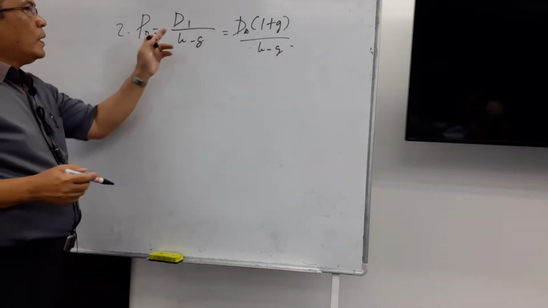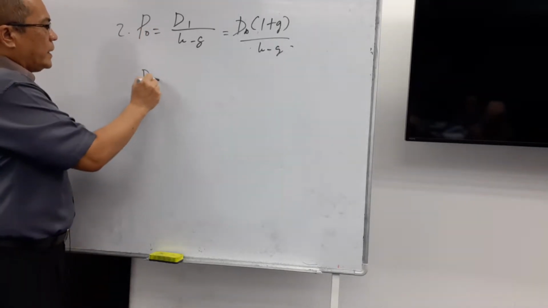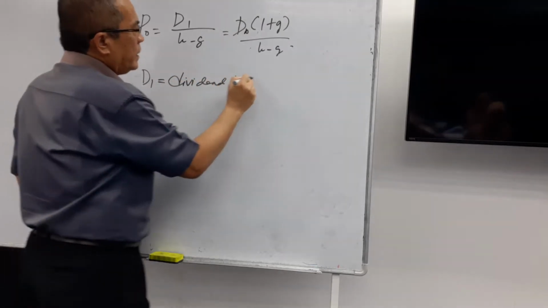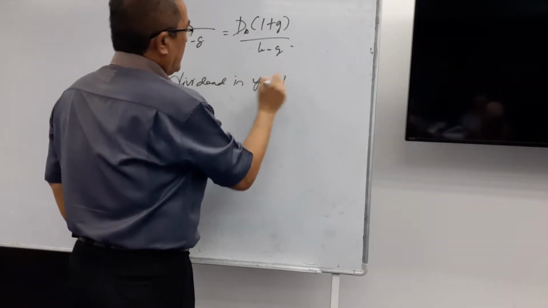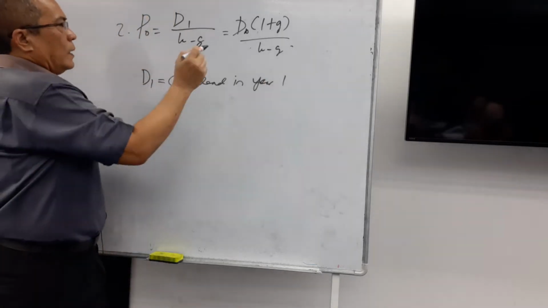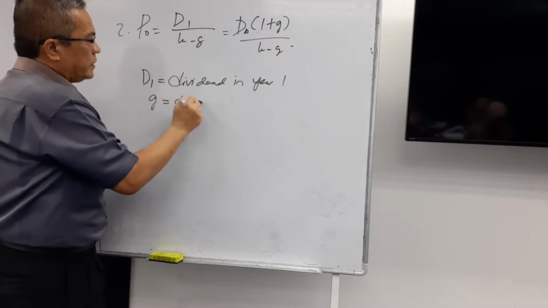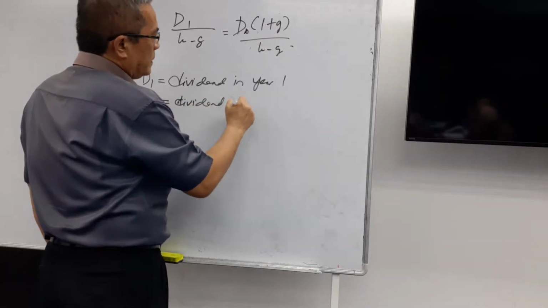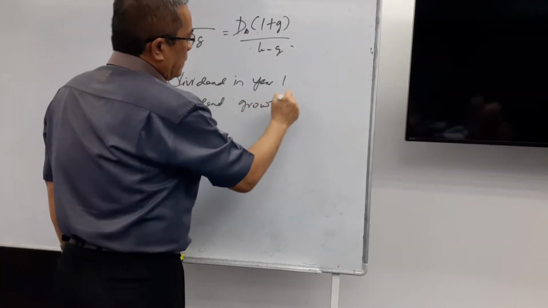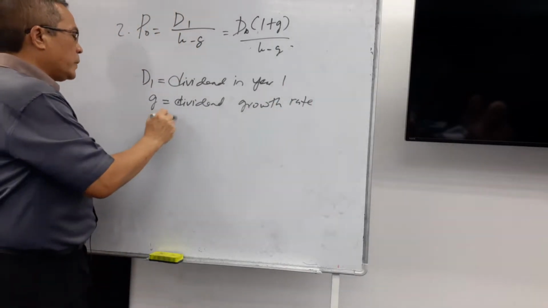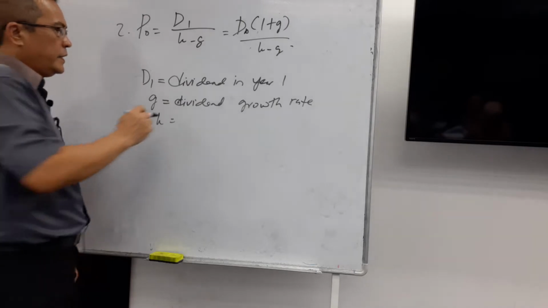stock, D1 is dividend in year 1, G is dividend growth rate, K is your required rate of return.